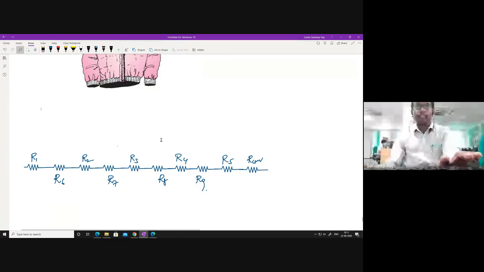So this is how my resistance circuit will be like. Here, what I have shown is 10 resistances in the circuit.